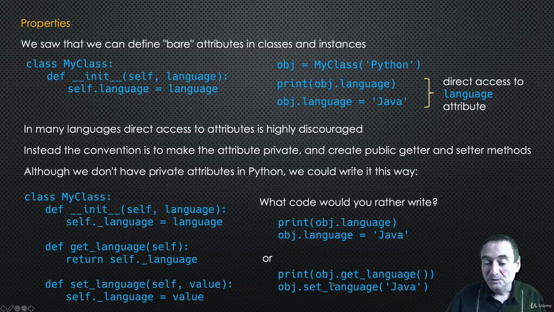So here, we would have to say object dot, and we would have to use the getter method, getLanguage, and call it as a method. Or if we want to set the language, we would have to again call a method called setLanguage, bound of course to the object, and then we pass it the value that we want. Which is more readable code? Well, obviously the first one is. At least I think it is.